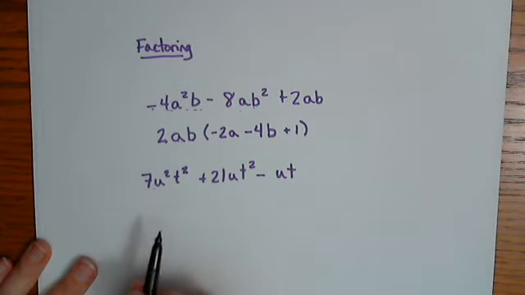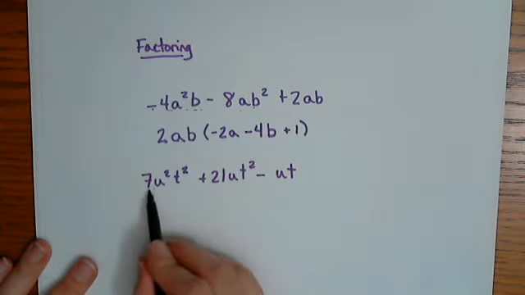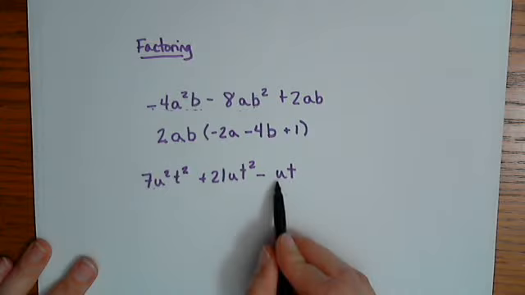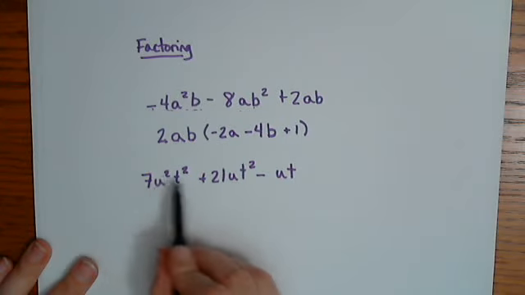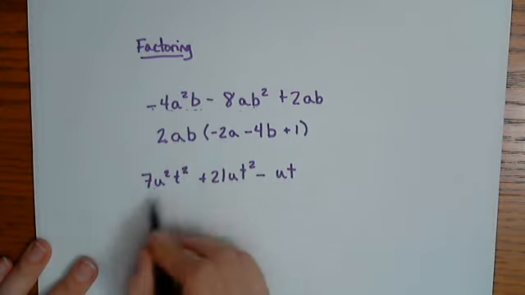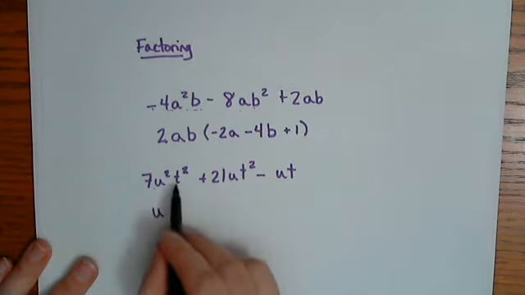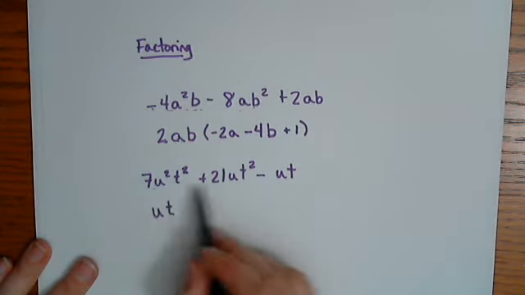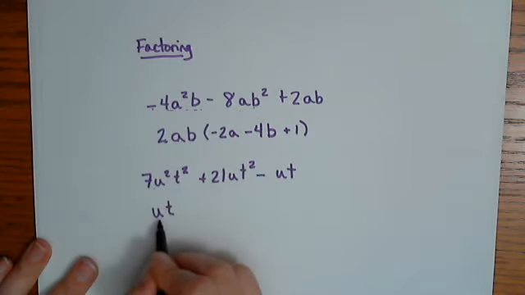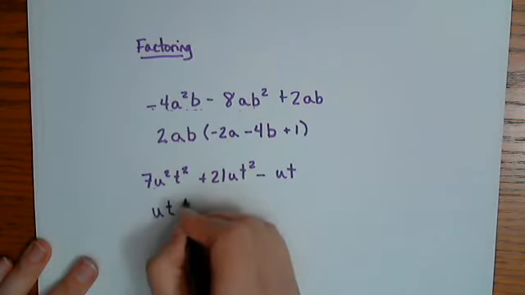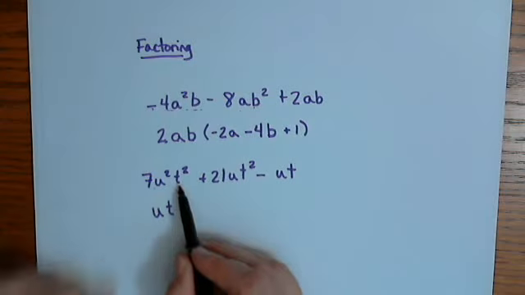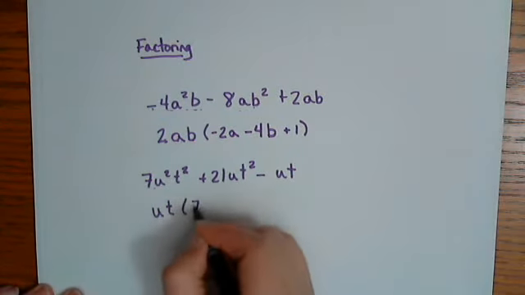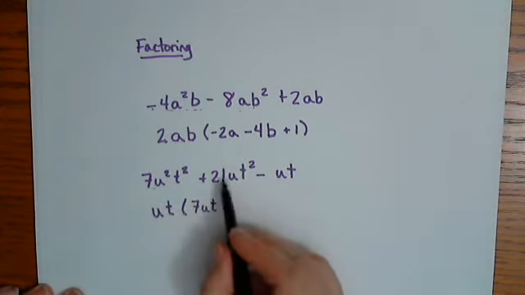So my greatest common factor as far as the coefficients is just going to be 1. And I also have u squared, u, and u, so I do have a GCF of u, and there is a common t in all three terms. So my GCF is ut.